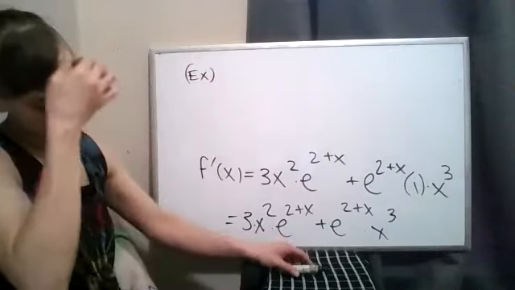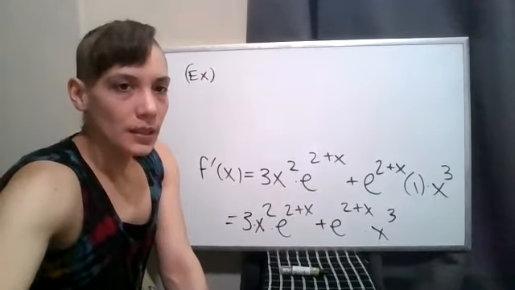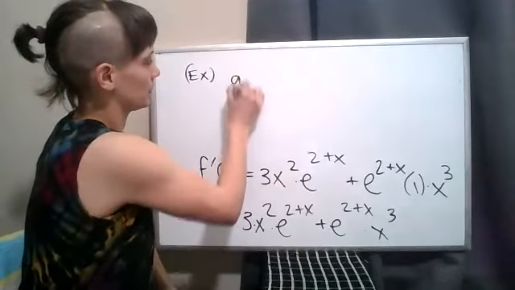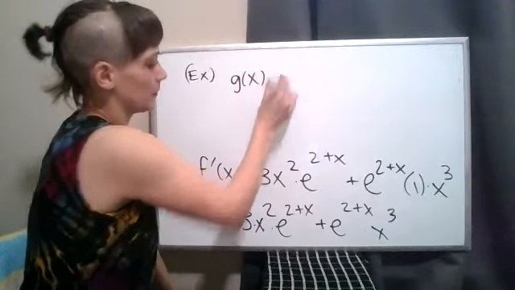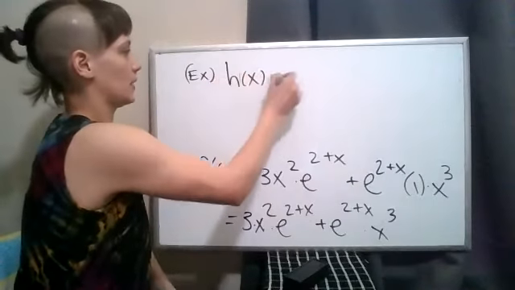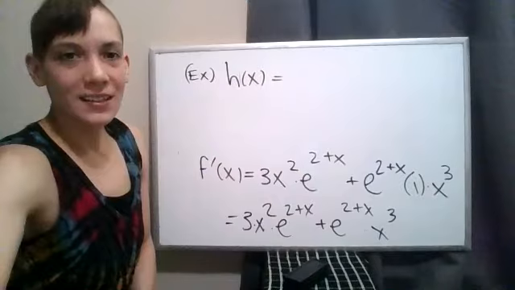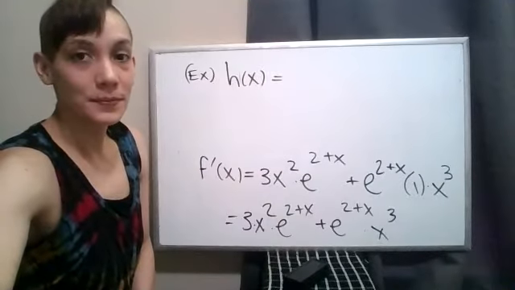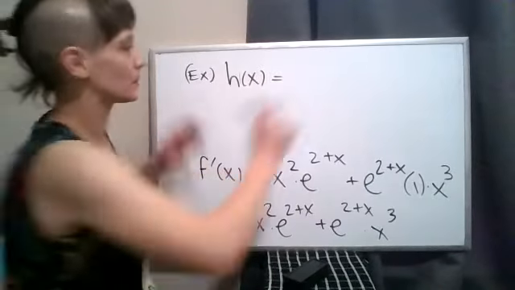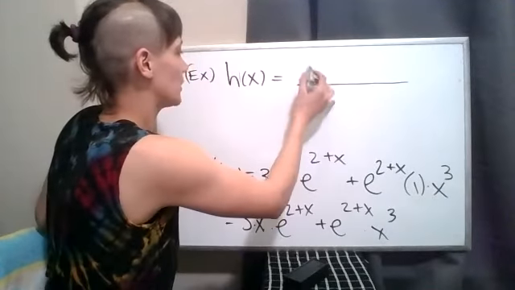We're going to do a quotient rule. Let's make this h of x. I'm just going to stick close to what the actual problem is.